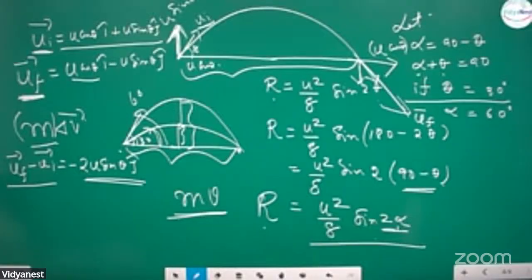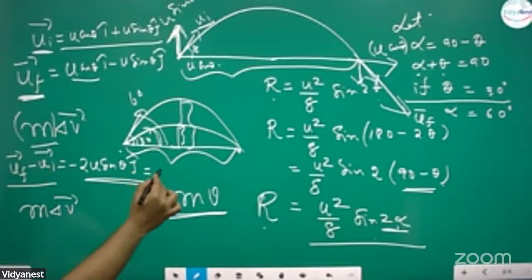Clear. So we can tell that the change of momentum is m into delta v. This is uf minus ui, the change of velocity delta v.